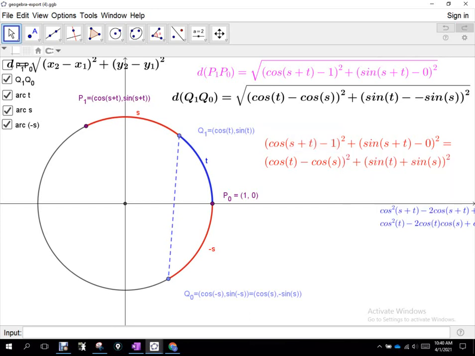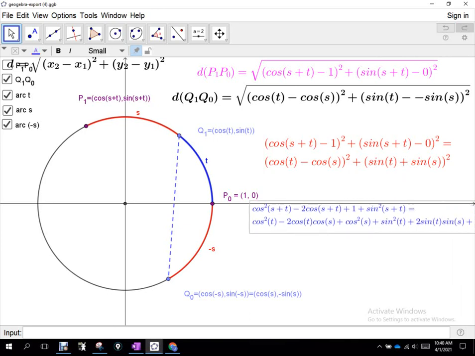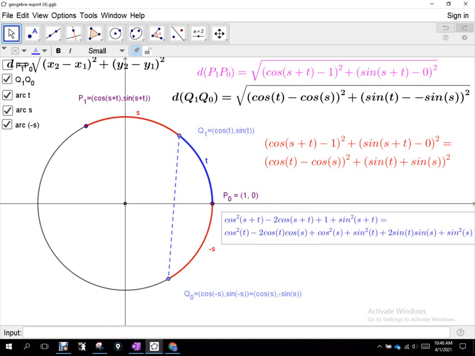This here, you could do the same thing, but minus 0 just makes this sine of s plus t squared. Down here, you have another binomial squared. So square this, multiply these together, double them, and then square the last term. And the same thing here. And when that happens, you get this.